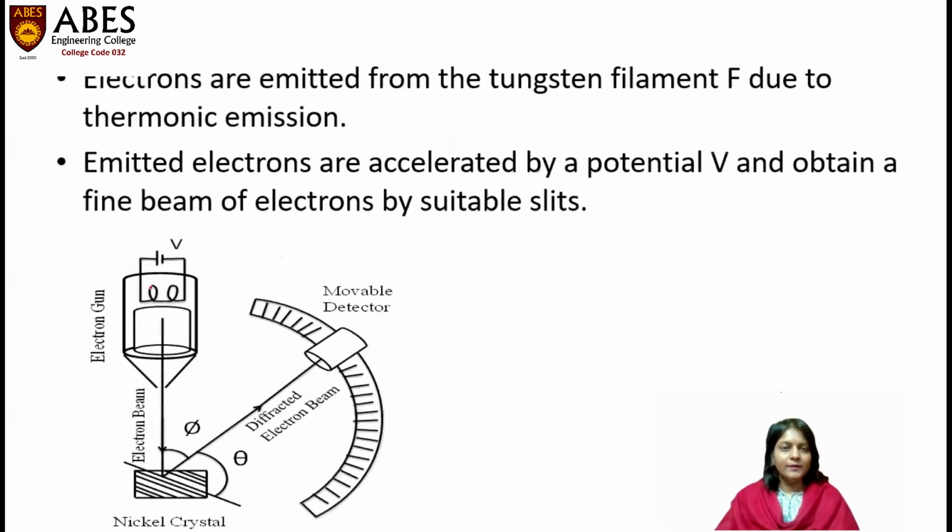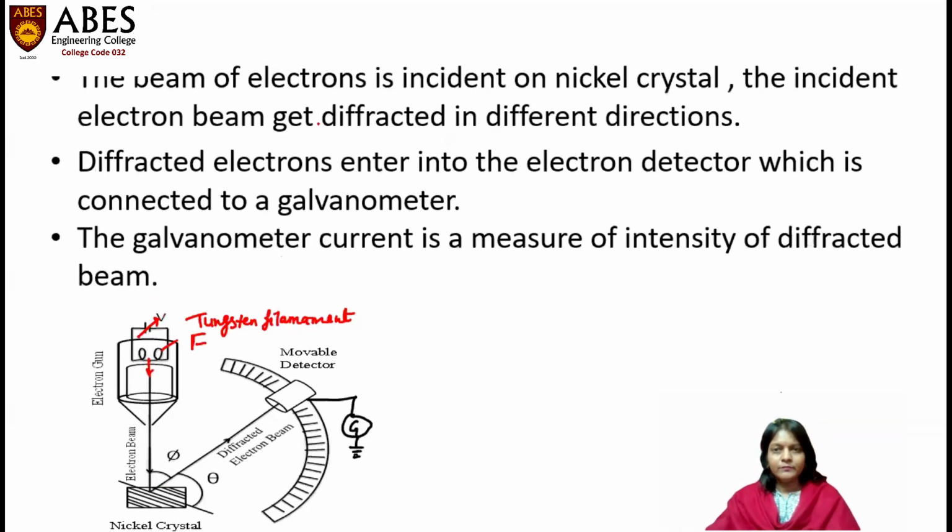So in the experimental setup, electrons are emitted from the electron gun, which contains the tungsten filament F. These electrons are emitted from the filament due to thermionic emission, and their velocity is controlled by the variable potential V. These electrons pass through a suitable slit and become an electron beam, which is incident on a nickel crystal.